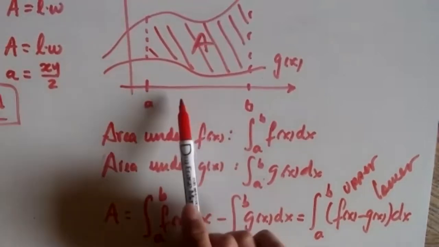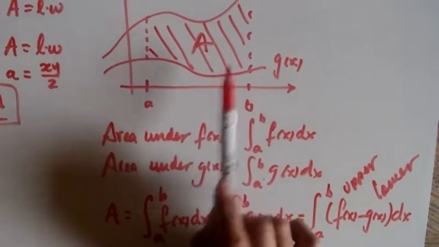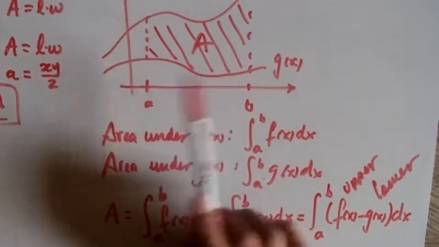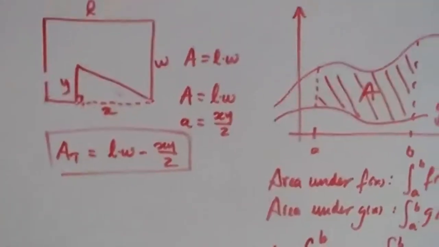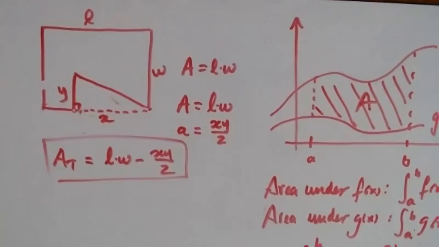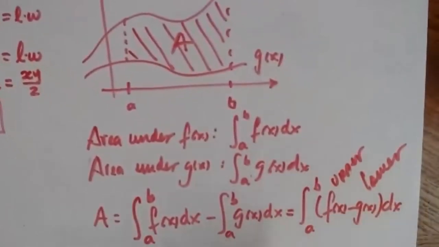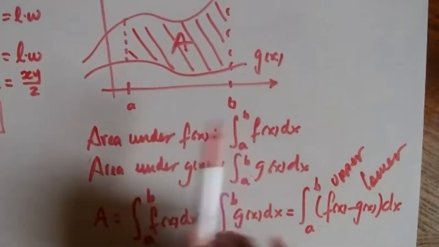The only situation is when the area is below the axis, but in this case it has to be above the axis. So you see, it's the same reasoning as you did in middle school. You only have to identify the upper function and the lower function, subtract them, and then integrate over the interval you want the area.